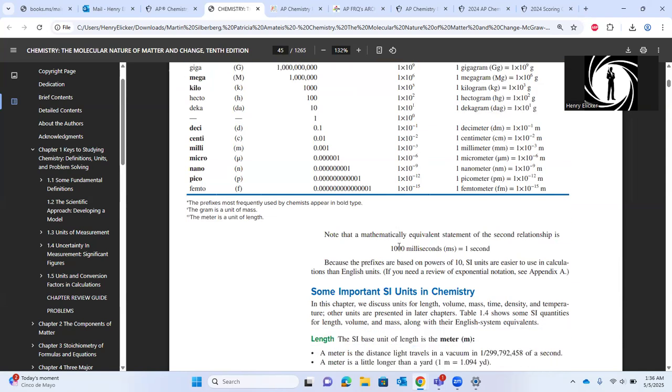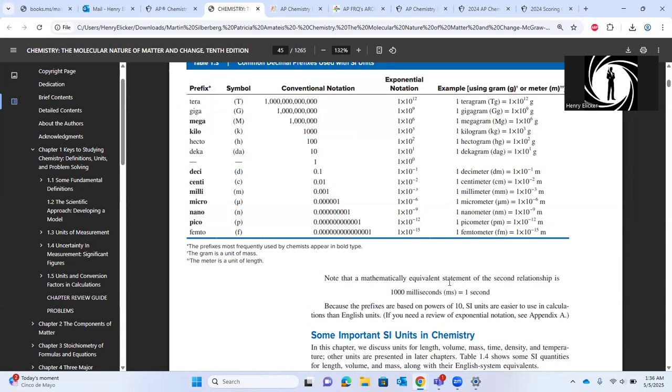Now, technically you can reverse it a little bit. What if we say 10 to the negative third seconds is 1 millisecond? You could also reverse it and make 10 to the negative third a positive exponent, 10 to the third. So what about milliseconds? What if I want to put that into a multiplication factor?